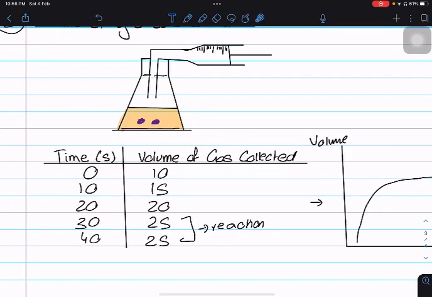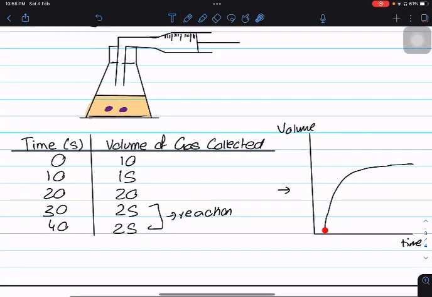So at 0, it's 10, 10, 15, 20. Again, you'll see that it stopped changing, showing that the reaction has stopped, and you will see a plateau. This isn't quite a plateau, but I can make it one, like this. And again, the gradient would be the rate of reaction.